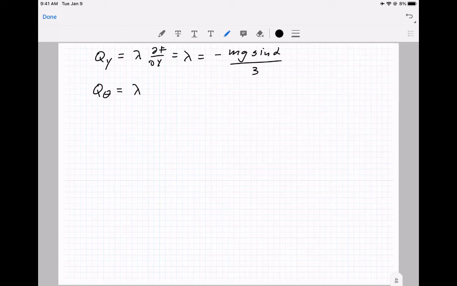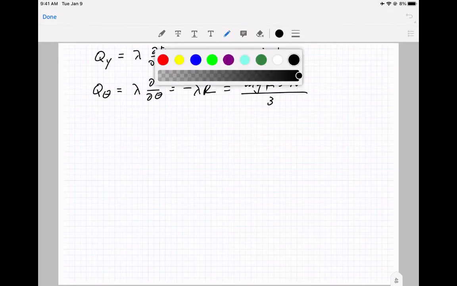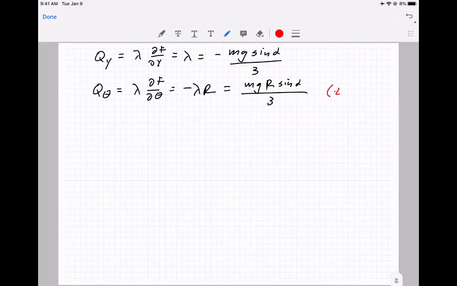So lambda df d theta is equal to minus lambda r, and this is equal to mg r sine alpha over 3. And in fact, it does have units of torque. So what we've derived here, the second one, is the actual torque which is causing it to roll. And then you might ask, what's this Q sub y, the force pointing up the wedge? That's the force of friction.